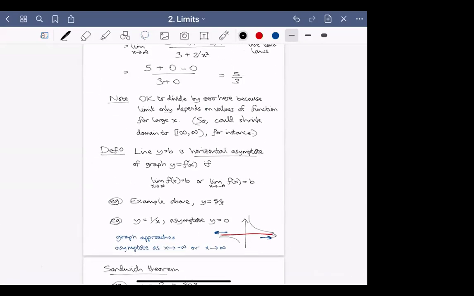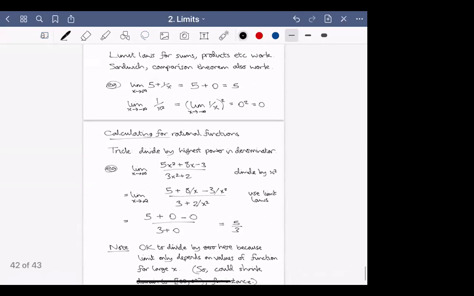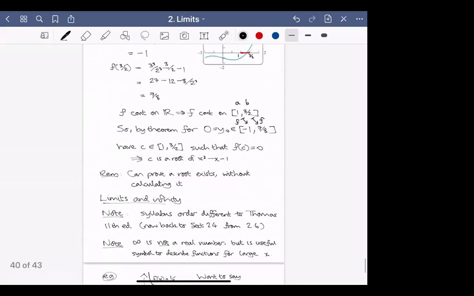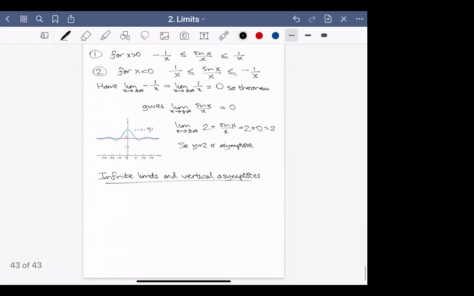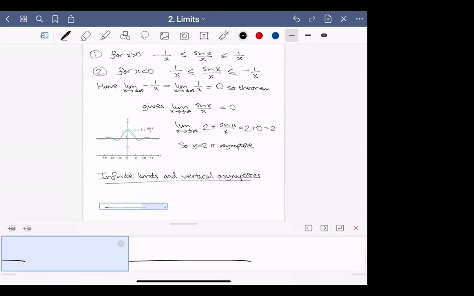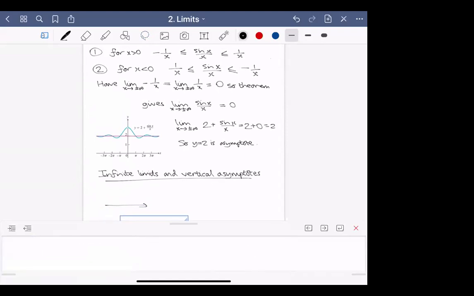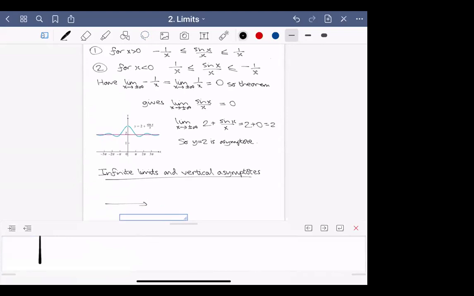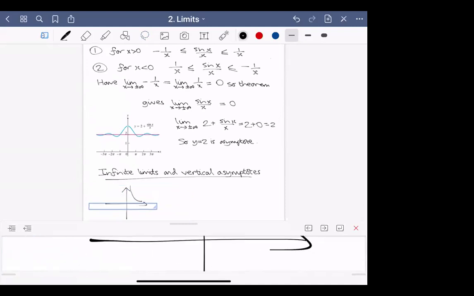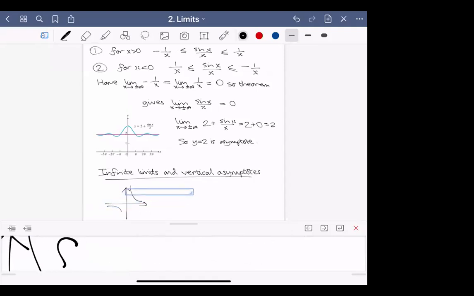So I've drawn this graph many times this class, but in each case for a slightly different reason. So let's draw it again. f(x) equals 1 over x.